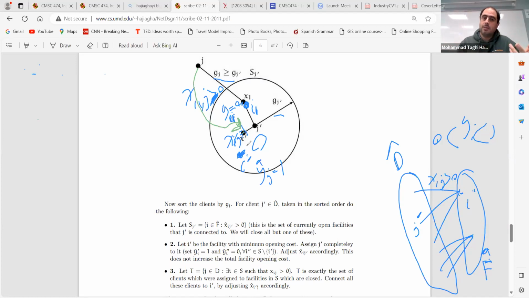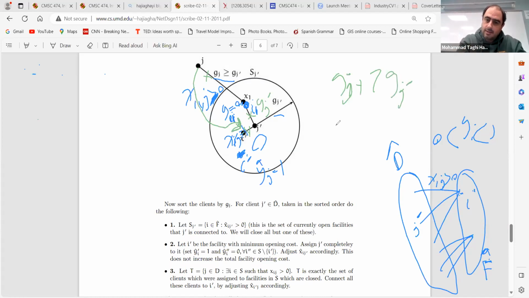How much extra will I pay? Easy. Here I just use the triangle inequality. The radius of this was G of j prime, so I will pay G of j prime here, G of j prime here, and G of j here. So I pay Gj plus 2 times G of j prime.